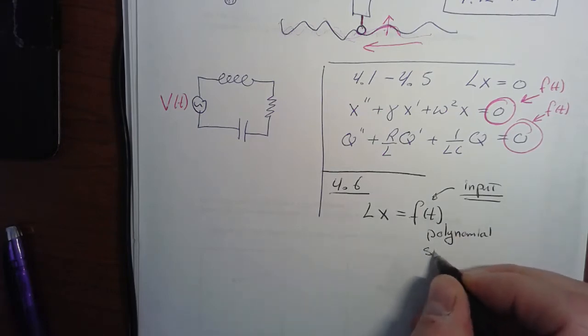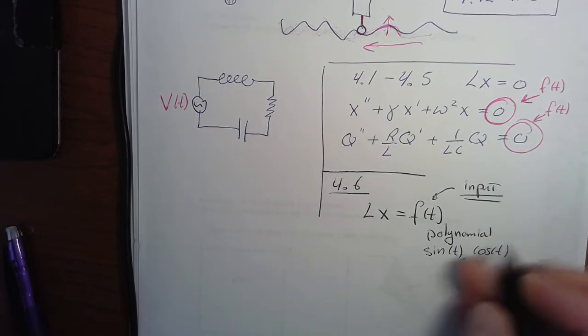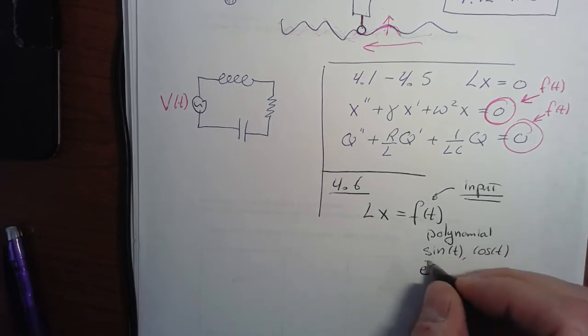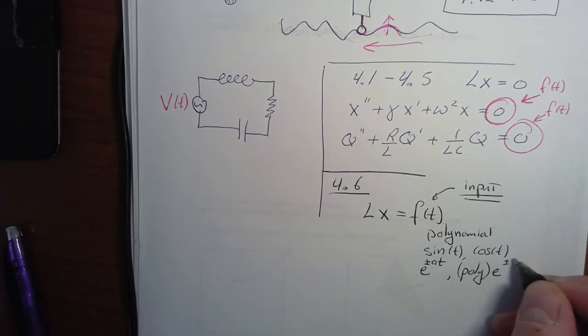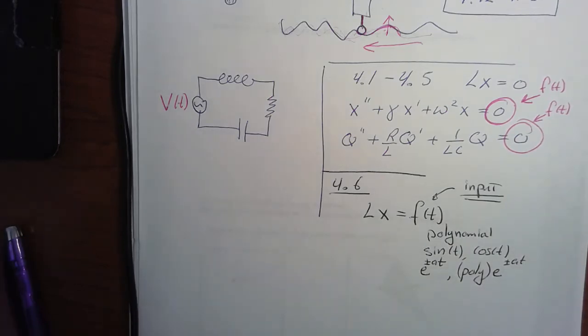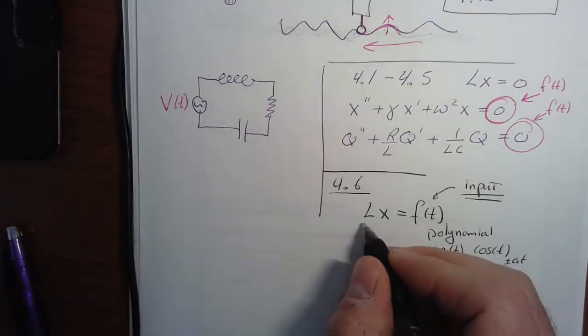It could be sine, it could be cosine, it could be an exponential plus or minus at. It could be a polynomial times an exponential, etc. There's special functions. They're all the functions that could be in the kernel of L.